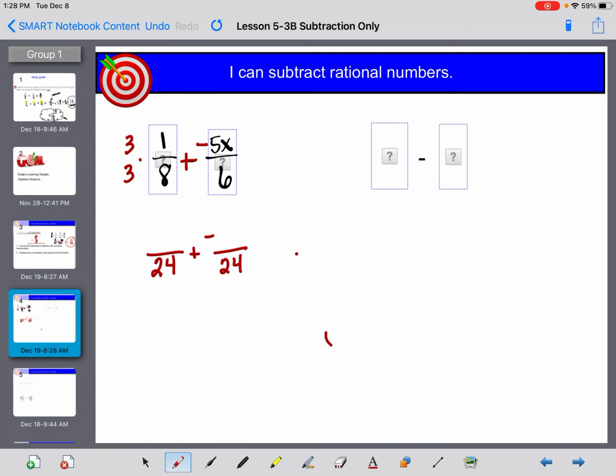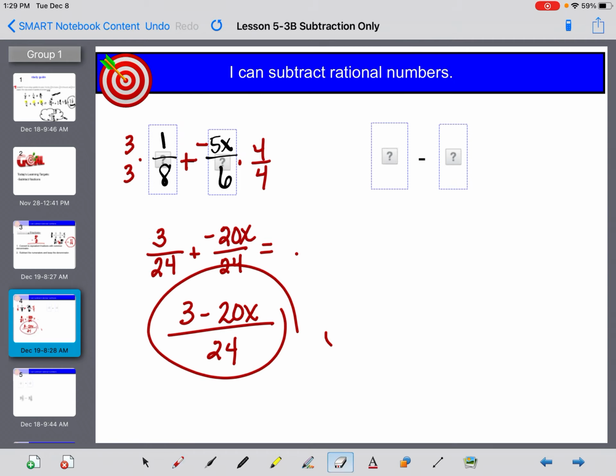I multiply the first fraction by 3/3 and the second fraction by 4/4. 3 times 1 is 3. Then my second fraction, 5x times 4 is 20x. And what I'm left with is 3 minus 20x all over 24.